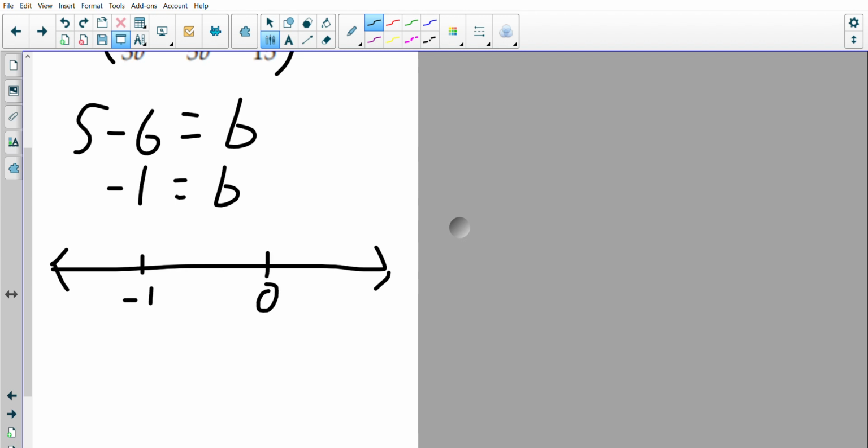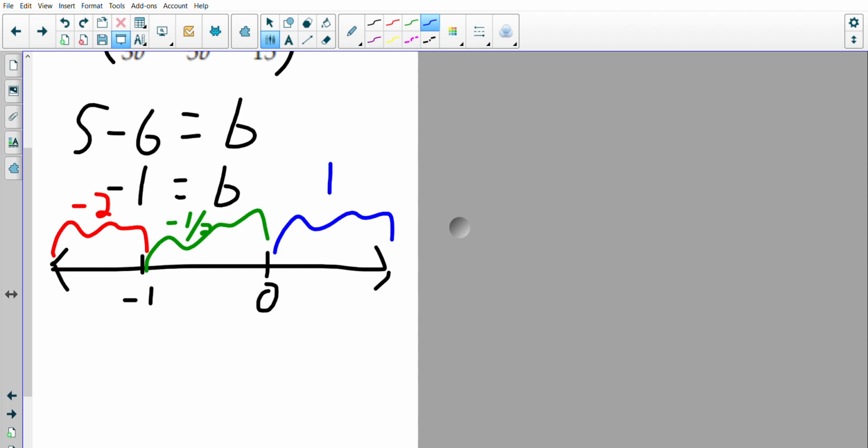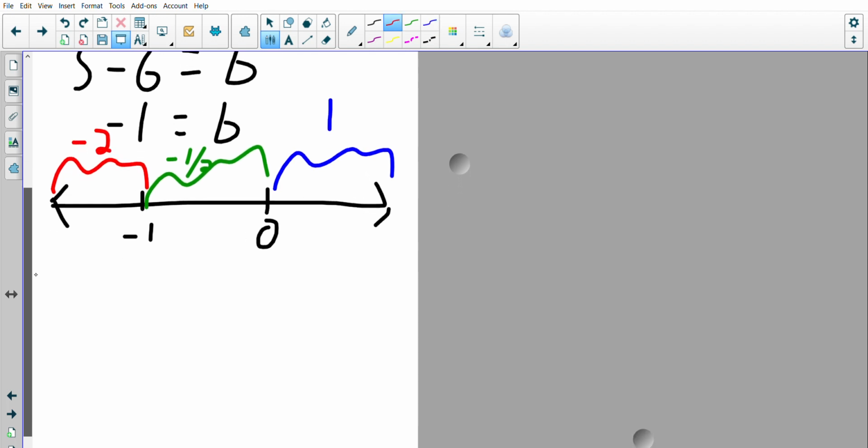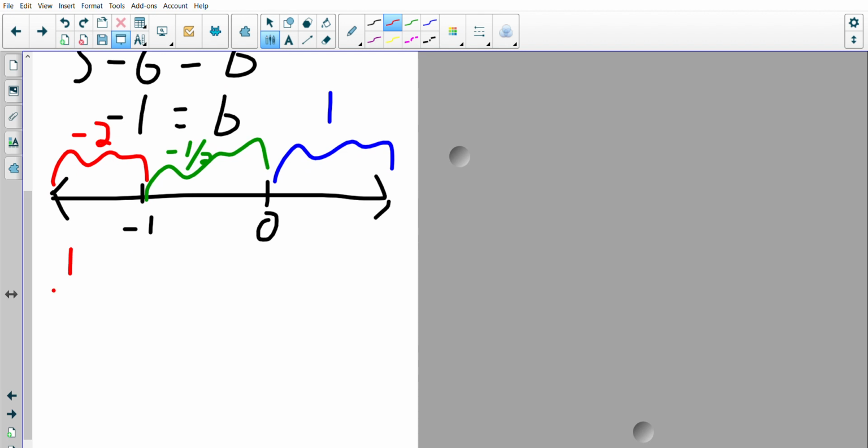So in my intervals, I'm going to try here at -2. From here, I will try -1/2. And the third one, I'm just going to try 1. Okay, so when I plug in -2, I end up with 1/30 is less than 1/15. That is true.